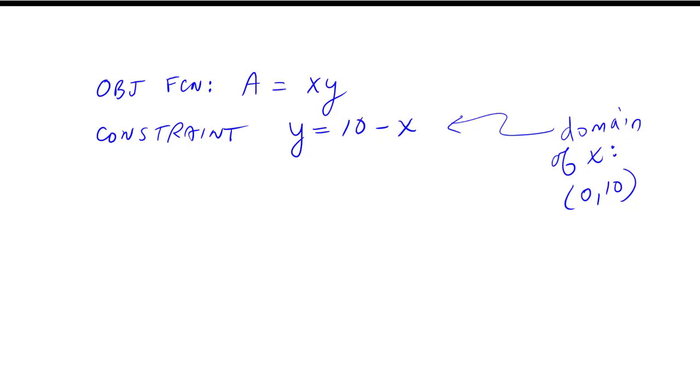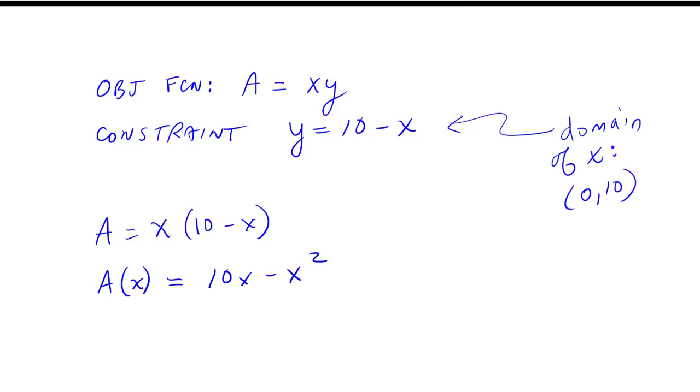Okay, so now I'm going to take A and I'm going to put in the y as 10 minus x. And I'll actually just multiply it out, and I'll make it clear that now it is a function of one variable. Okay, so that's really good for me now.